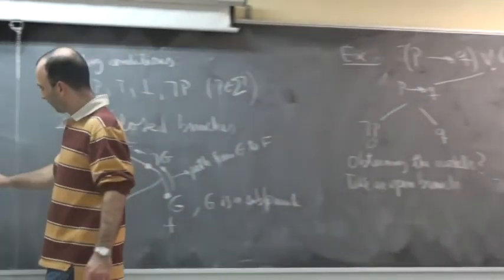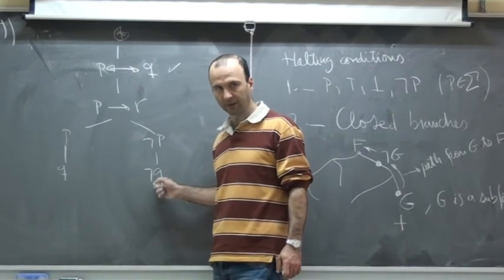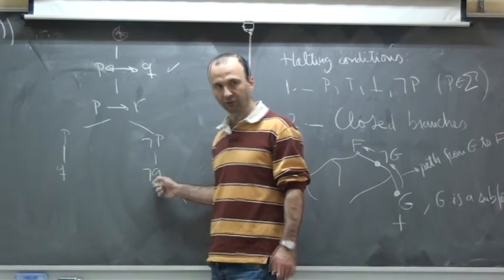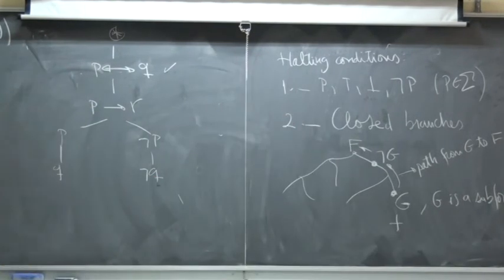Yes, because if I take the path from this negation to the root, it would be not Q, not P, blah, blah, blah, then I have Q and not Q. Right, so halting condition, that's closed. I don't branch it further anymore. So I just carry on that one.